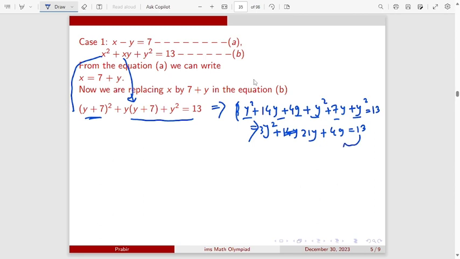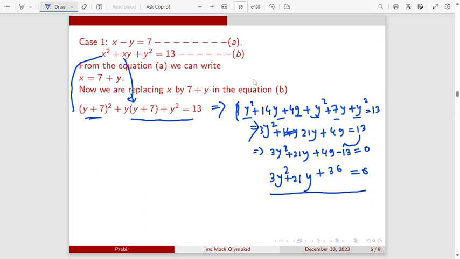So if we switch the side of 13, this will become subtract and the right hand side there will be 0. So that means 3y square plus 21y plus 49 minus 13 is equal to 0. So this will become 36, 3y square plus 21y plus 36 is equal to 0. So this will be our next equation, simplified form.